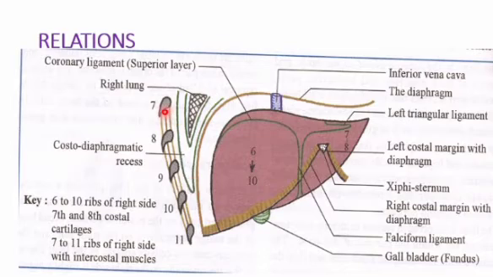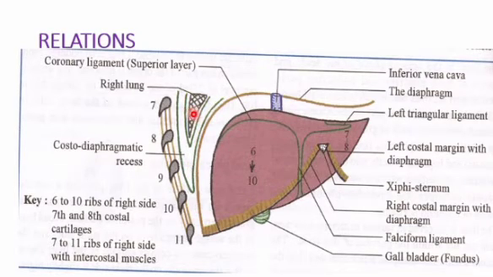You can see it extending from the 7th rib to the 11th rib. From the 7th rib to the 11th rib, this is the extension of the right lateral surface of the liver. And if you see the relations on this part, it varies in the upper 1/3, middle 1/3 and lower 1/3.